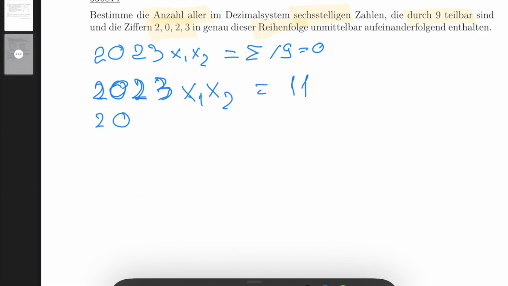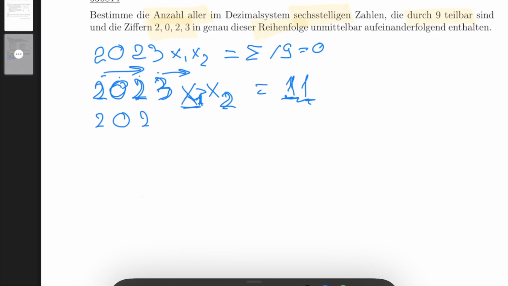Because we counted 11, x1 will always be higher than x2. So this is x1, this will be x2. Actually, it's a combination, and the order 2, 0, 2, 3 also stays like this. That will simplify our life.